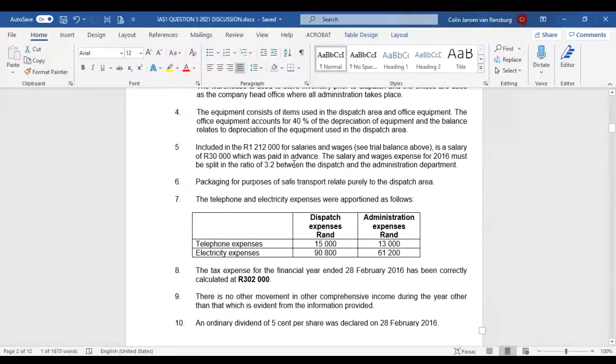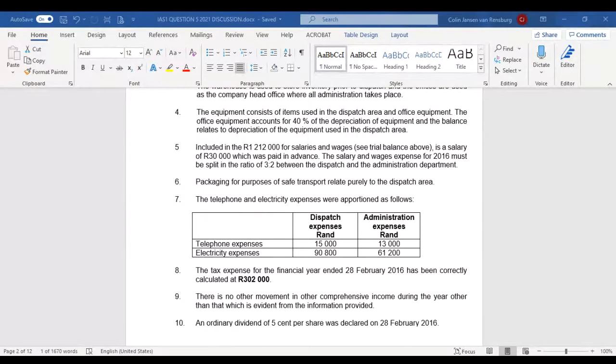Now, ladies and gentlemen, I ask you that question. If it was paid in advance, if you think about the accrual system, should that 30,000 rands expense be recognized in this year? Yes or no? Most of you, 99% of you say no, and you are correct, right?